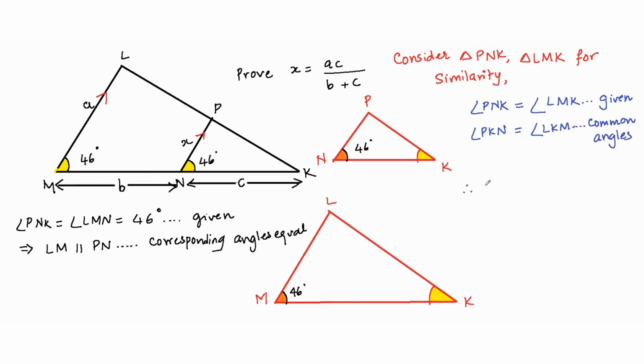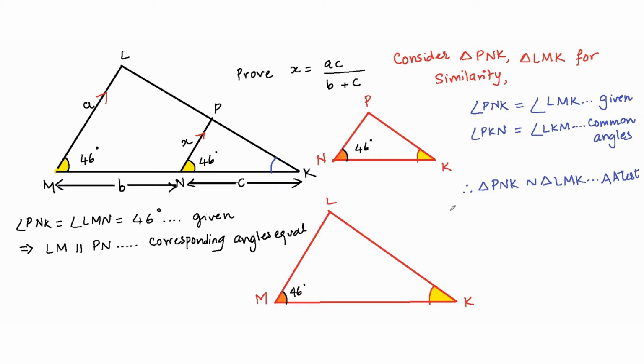And therefore I can say that triangle PNK is similar to triangle LMK, again because of the AA test. I can apply the AA test here because K is the common angle. It is the same letter, but you should understand that this angle K is going to be the same when included in both the triangles. So I have one common angle and two angles equal to each other, and therefore these two triangles are similar by the AA test.